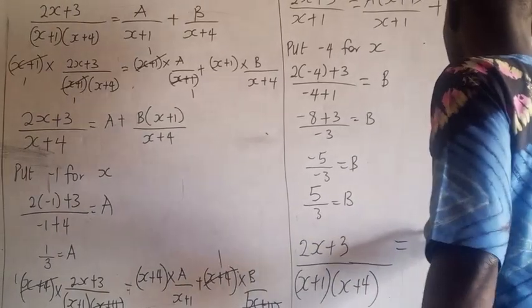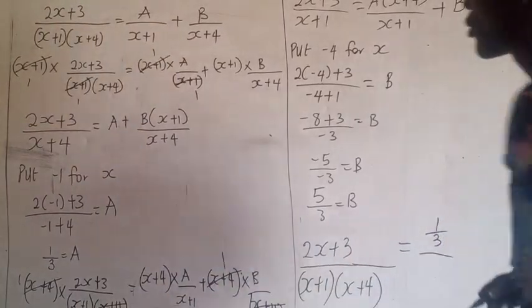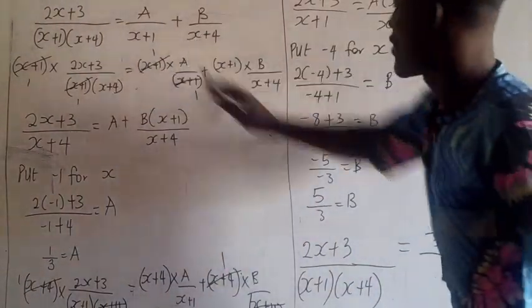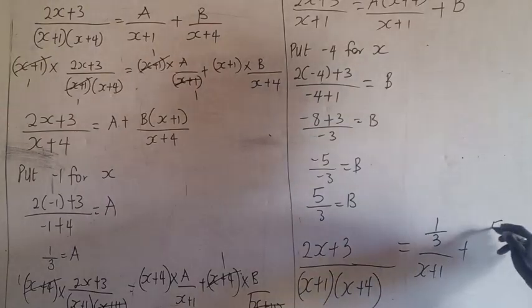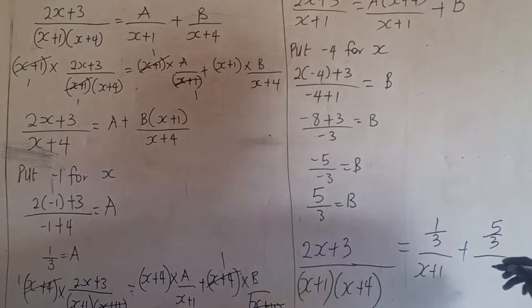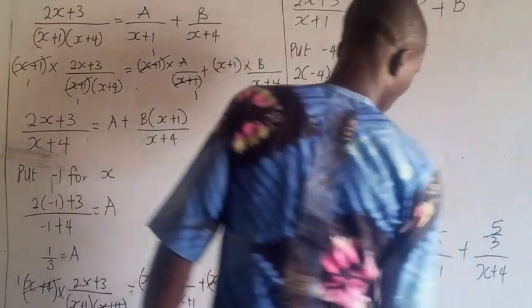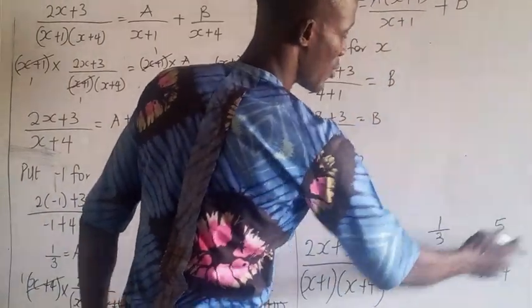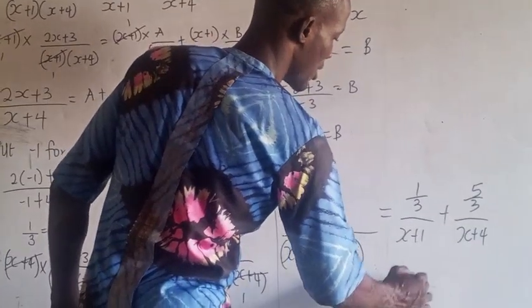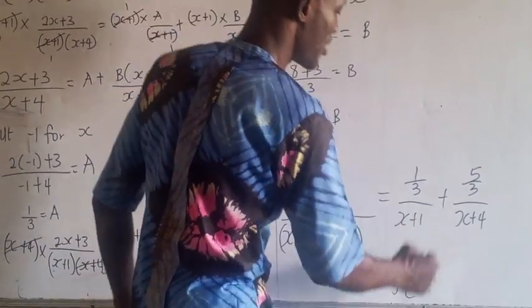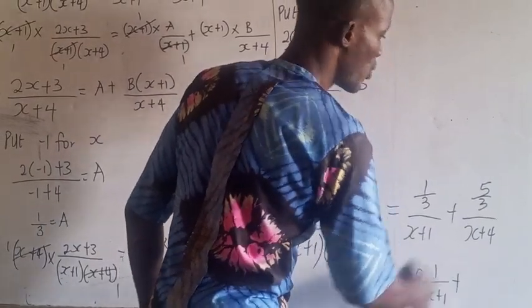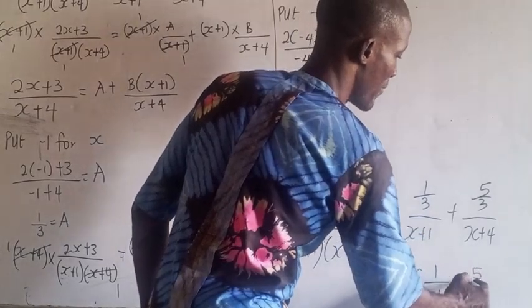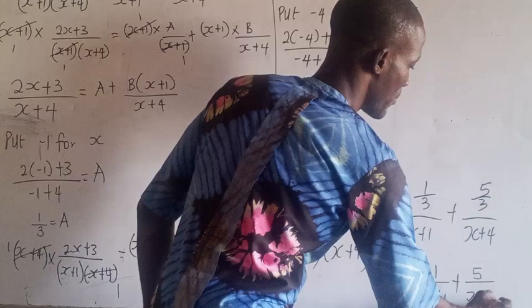We got 1 over 3, over (x + 1), plus our B, 5 over 3, over (x + 4). Finally, 1 over 3 is common to the two of them, so we can bring out 1 over 3 into brackets: 1 over (x + 1), plus, when 1 over 3 goes into 5 over 3, you have 5 over (x + 4).